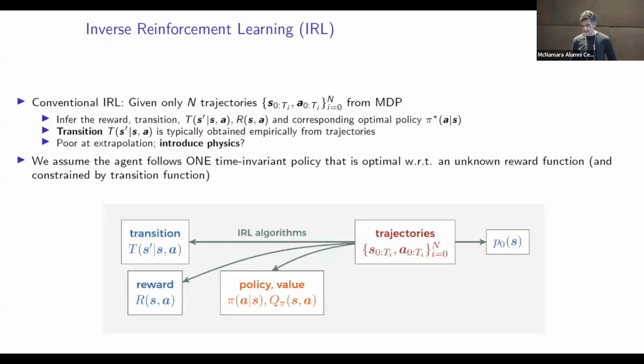Inverse reinforcement learning takes certain trajectories and then comes up with a policy as well as a reward by going through a transition. All right. The challenge here is that the transition function is often difficult to specify. It's common to obtain it empirically, but of course, when you obtain it empirically, it's just poor at extrapolation. Okay.